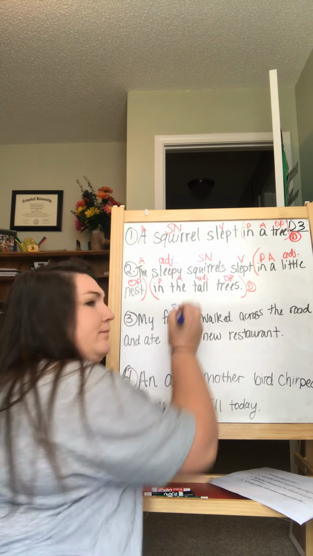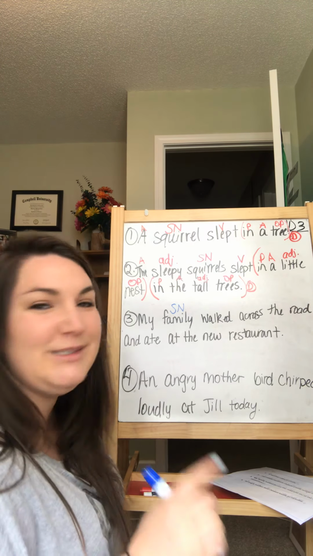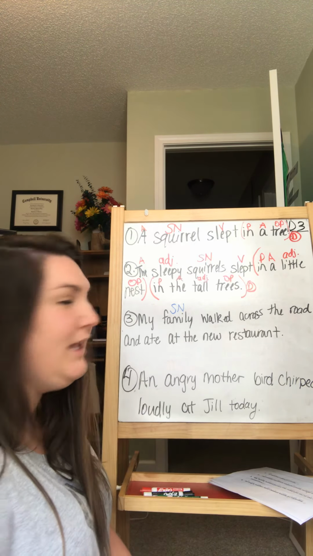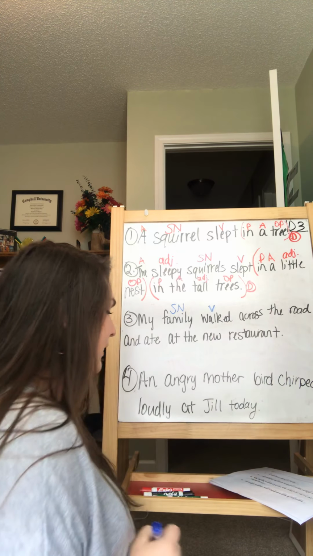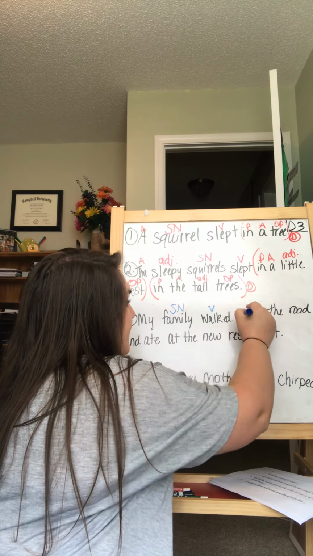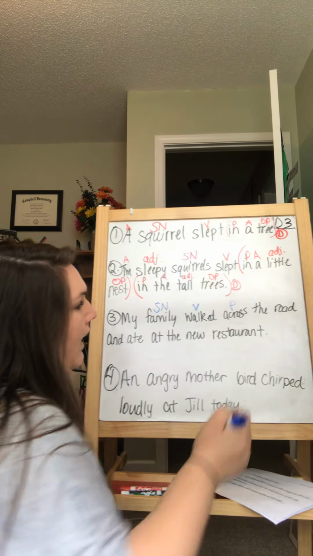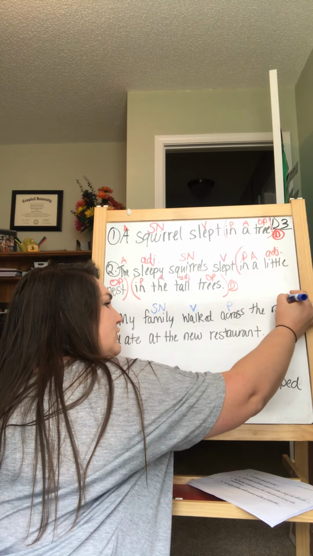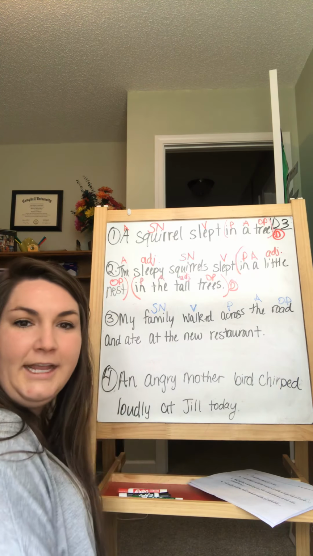Switching to blue. Can we see that? Hopefully. Okay. What's being said about the family? Family walked, verb. Across, preposition. Across what? Road. Object of the preposition, the, article, adjective, A.